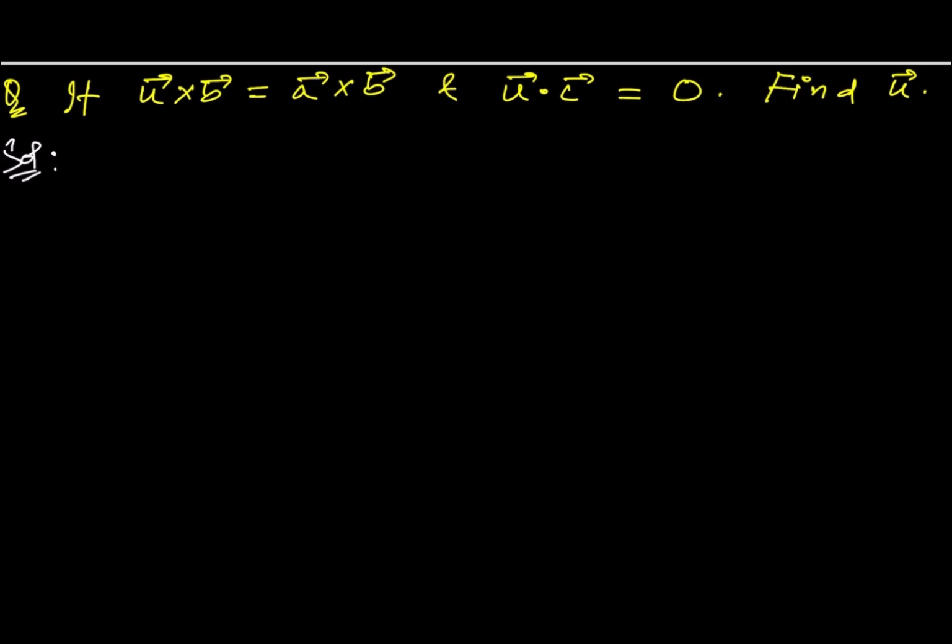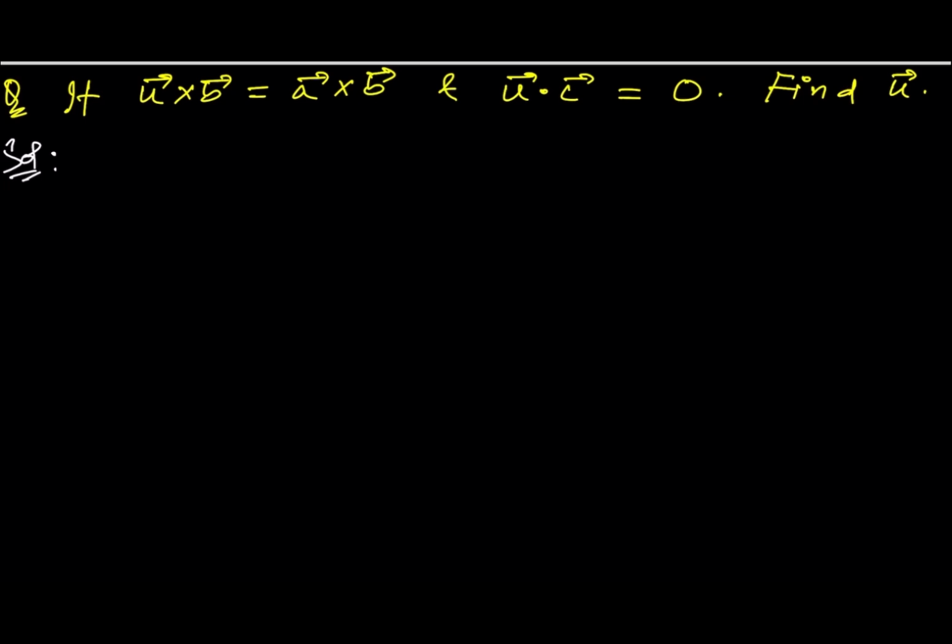Now if u dot c is equal to 0, it means u is perpendicular to c, right? And u cross b is equal to a cross b.